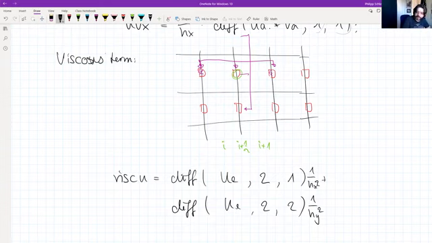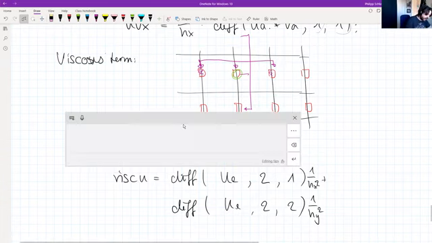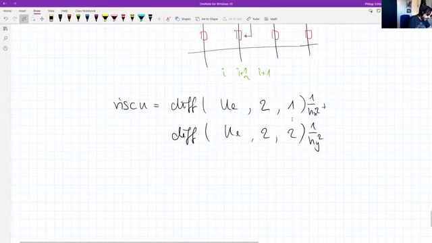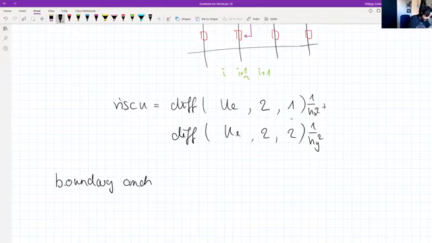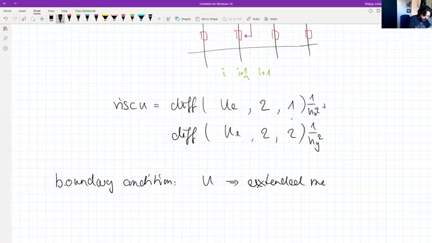There is one aspect that I will not have time now to discuss, but it's actually described quite extensively in the manual. That is how to implement the boundary conditions. That is in the step when you go from the U velocity to the extended mesh UE, where essentially you put a ring around with additional velocity values.